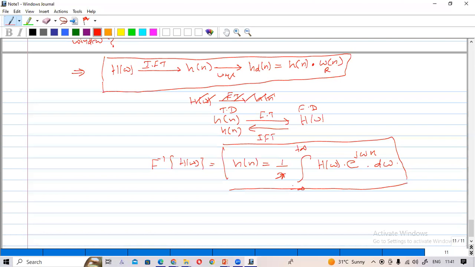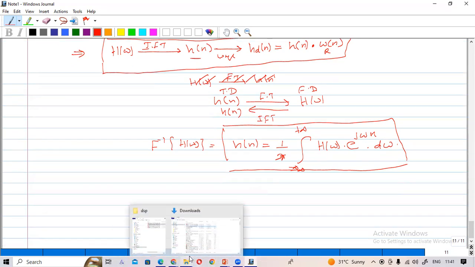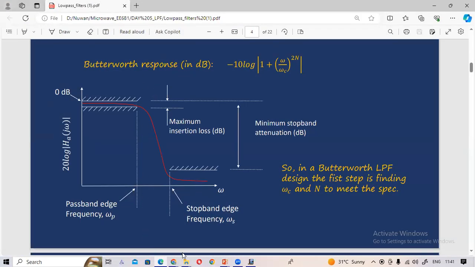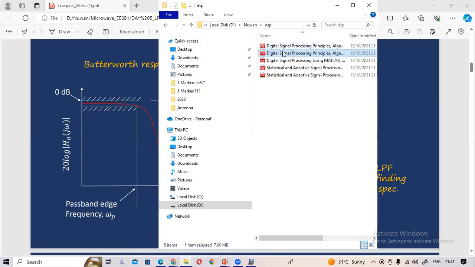Apply this one. First try to find the inverse Fourier transform of this section. We will verify whether this is correct or not.